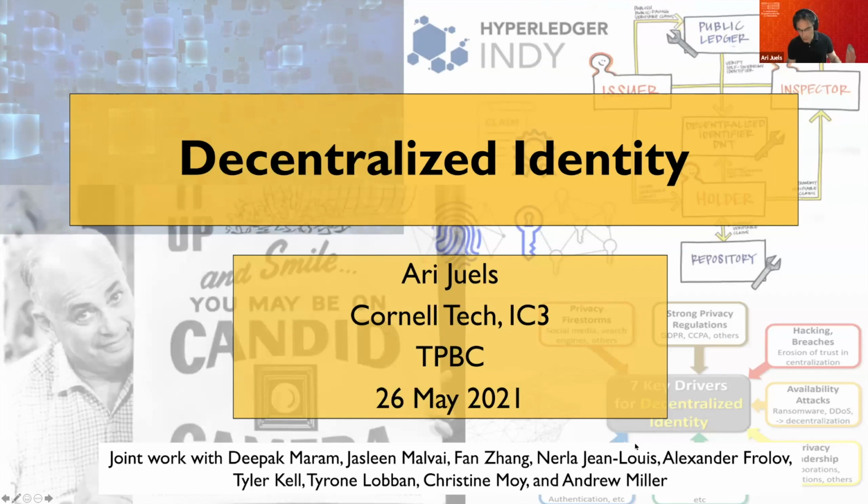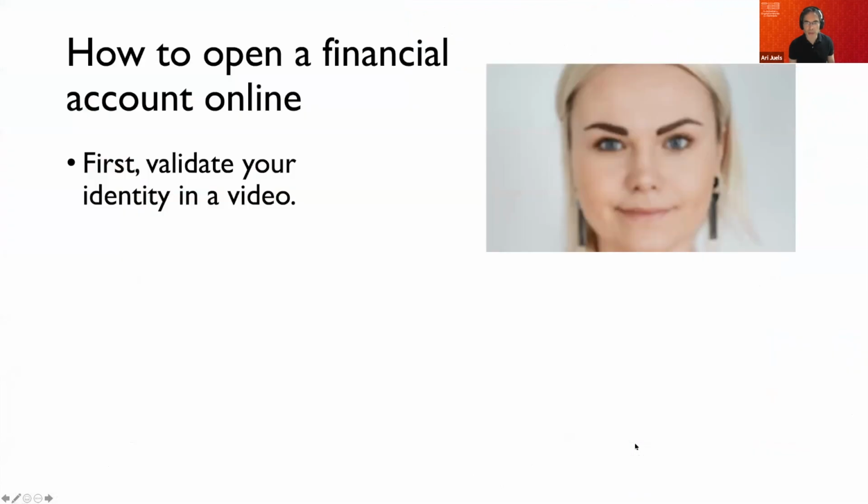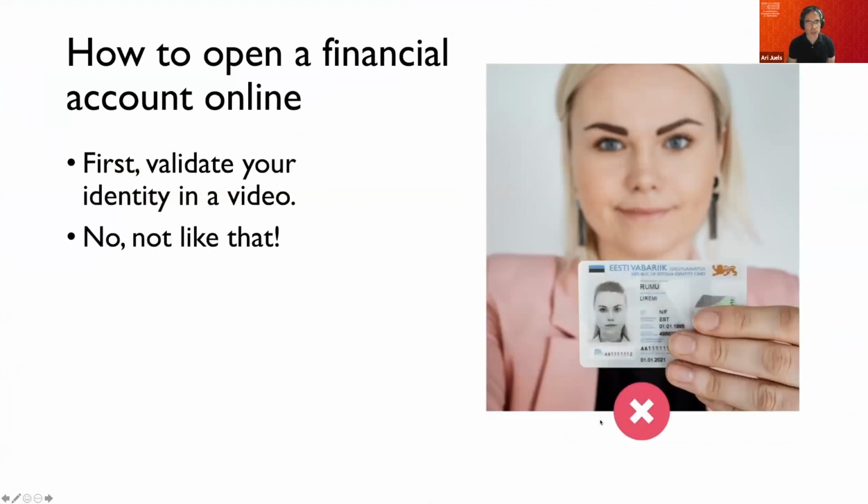Nearly all of us have had the experience of opening a financial account online of some type, perhaps even a cryptocurrency account. And often what you need to do is to validate your identity in a video. You show your face with an identity document that contains your name to prove your identity, but you don't do it like that because then your fingers are covering the identity document. That's no good.